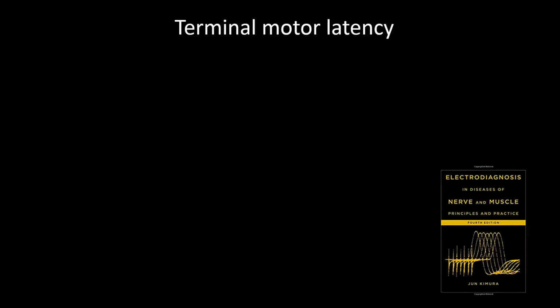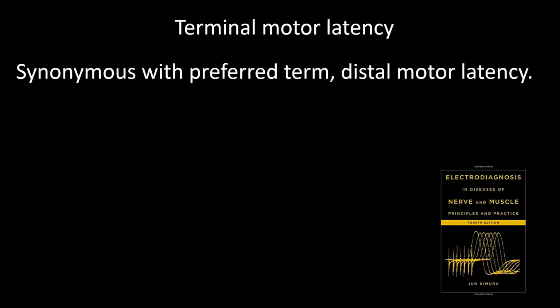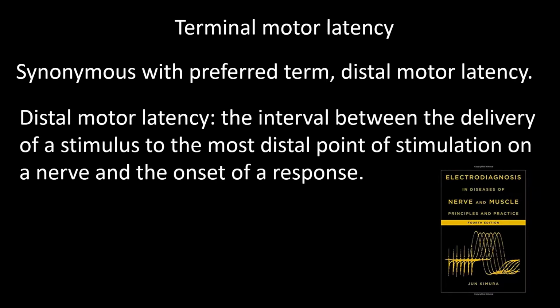In Kimura's book, the term terminal motor latency is considered not the preferred term to indicate electrode position, and the glossary sends you to the term distal motor latency. The definition for distal motor latency is the interval between the delivery of a stimulus to the most distal point of stimulation on a nerve and the onset of a response.